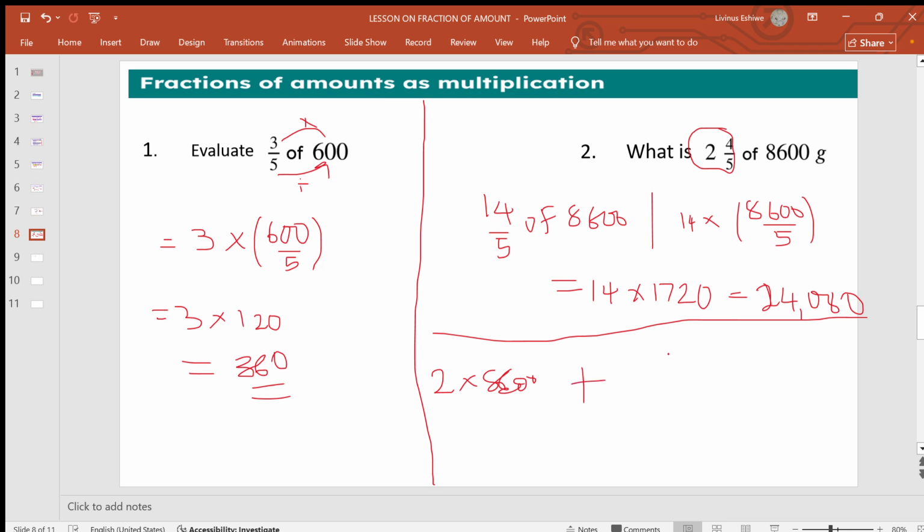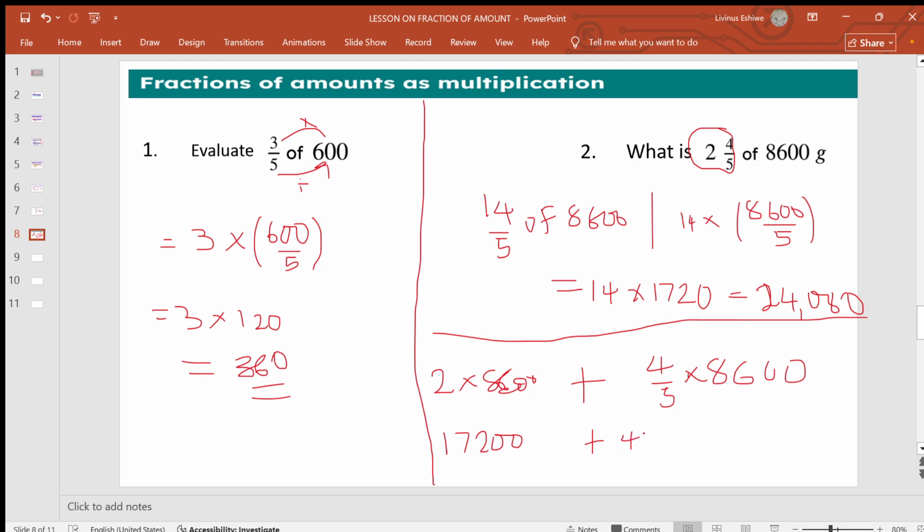Plus the next part is the fractional part, 4 over 5 multiplied by 8600. 2 multiplied by this will give me 17200 plus 8600 divided by 5 is 1720.